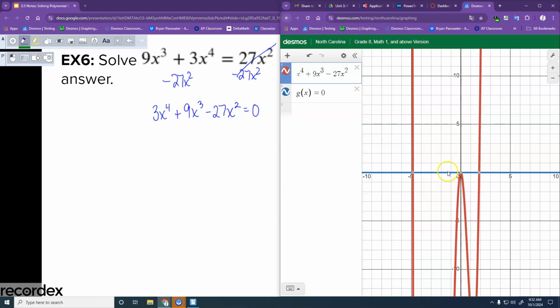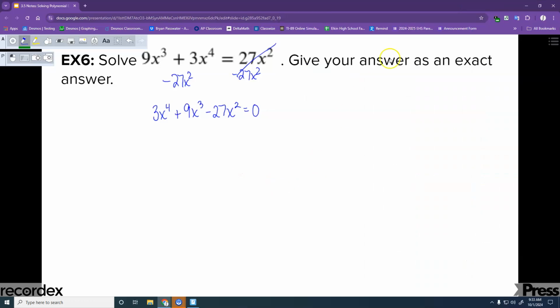Those are my answers. But it said to give your answer as an exact answer. Desmos has rounded off those decimals, right? It rounded it to 3 decimal places for us. So those are not what we call exact answers.